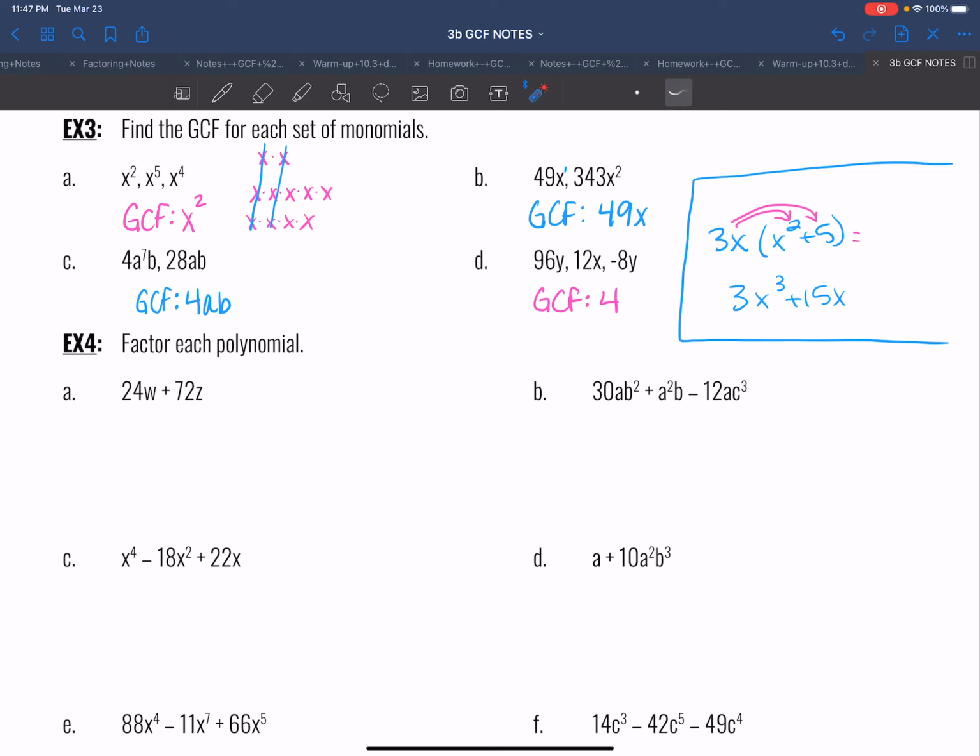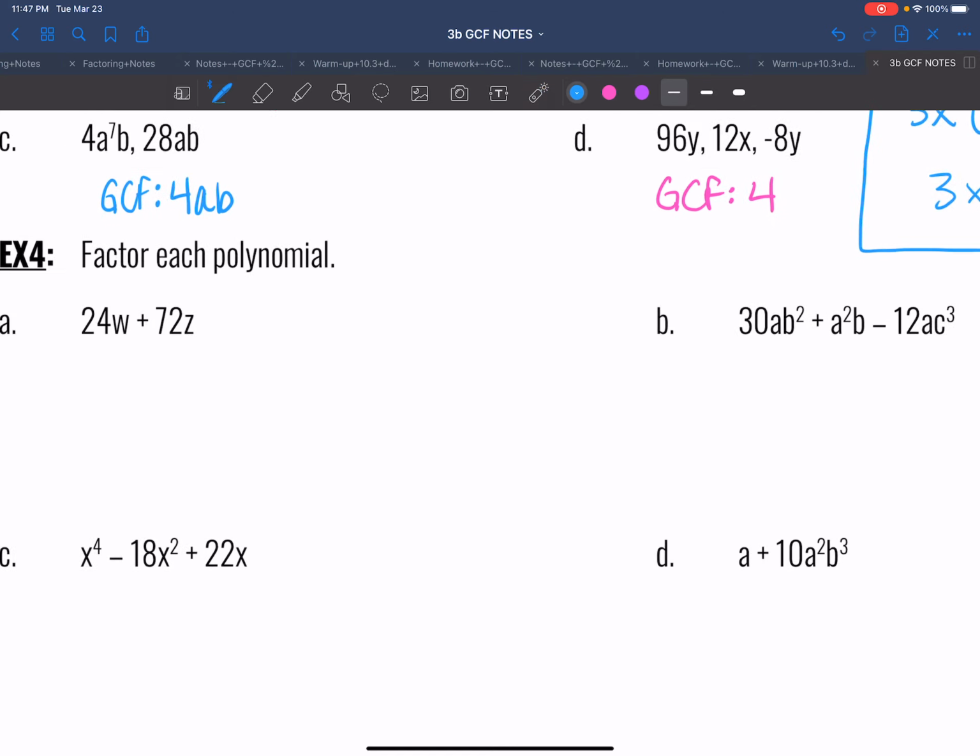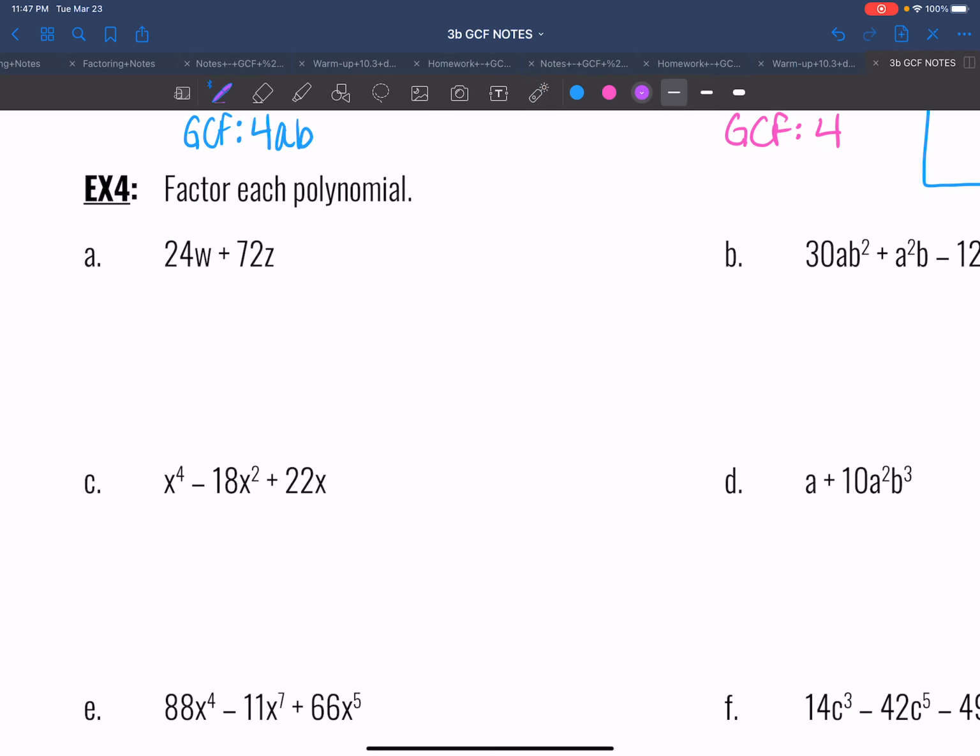So we're going to start with example A, of course, in this last section down here. Our first step, and this process will be the same for each of these examples that we do, is going to be to figure out what's the GCF.